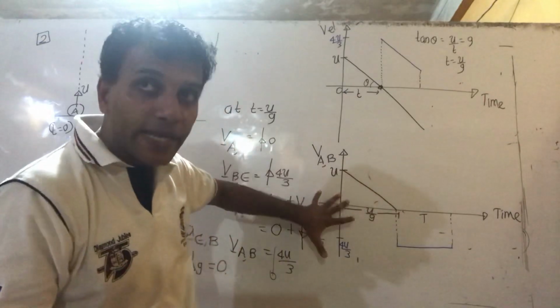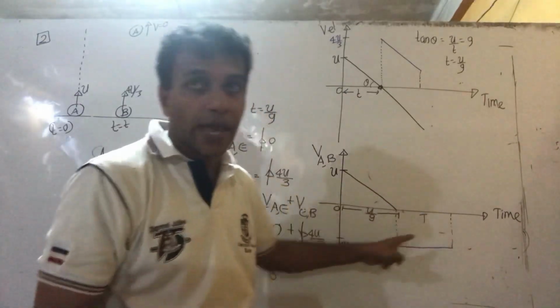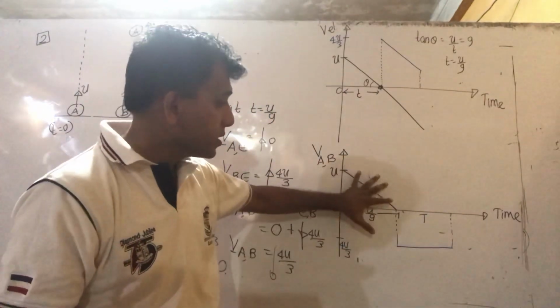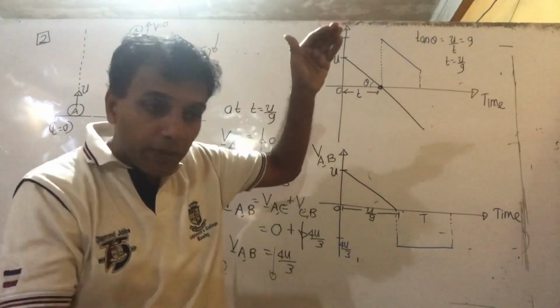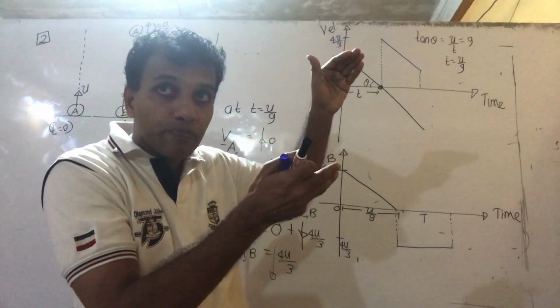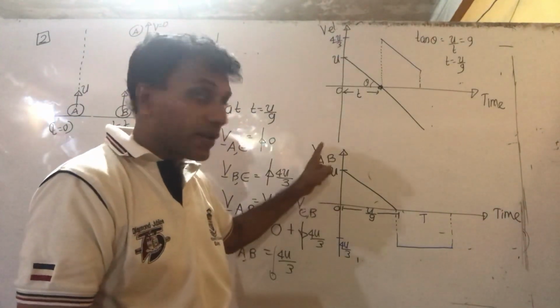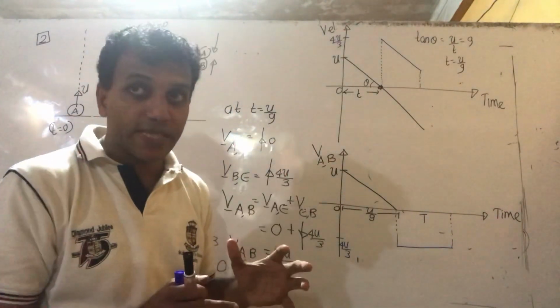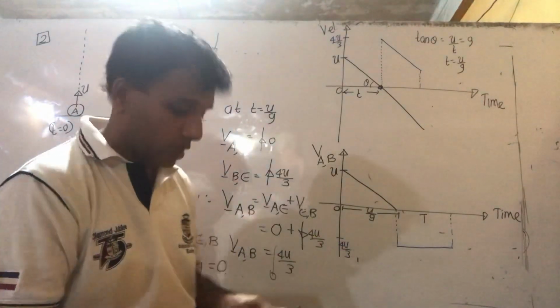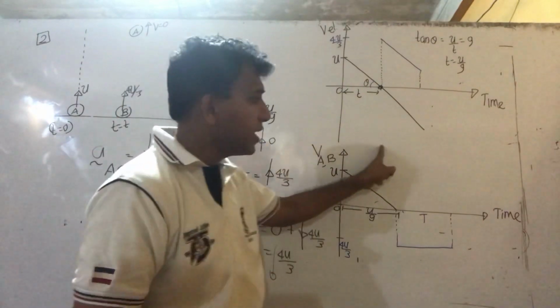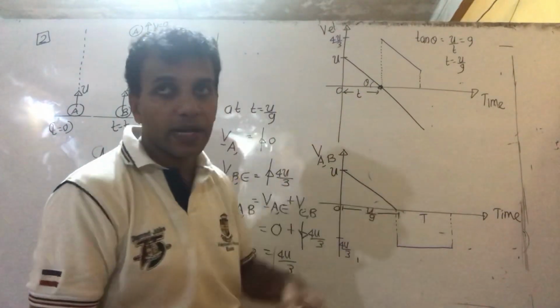This triangle area equals this rectangle area, because the distance traveled by A is the same point where B comes and collides with A. Therefore, with the velocity of A relative to B, B is at rest, so the same area here. You can show the triangle area equals the rectangle area.